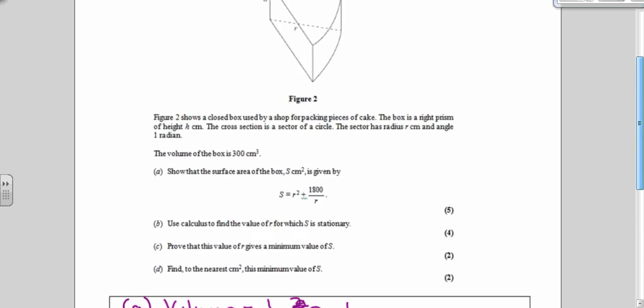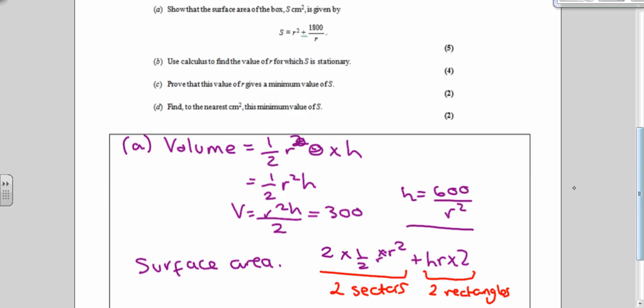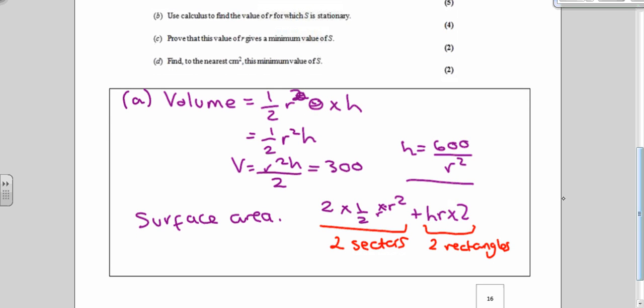And now we need to find the length of the arc and times that by h as well. So the arc is r theta, so that's r times 1 times h, so that'll just give us rh again.